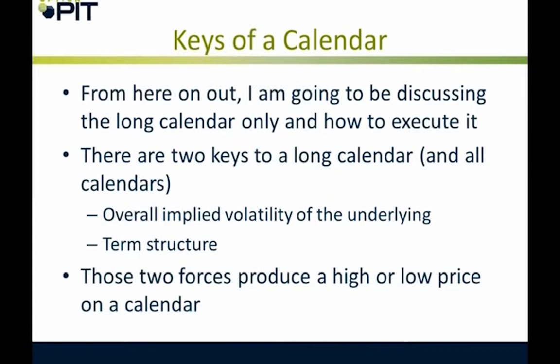All right. So I'm going to be discussing the long calendar only and how to execute it. There are two keys to a long calendar: overall volatility of the underlying and term structure. They're going to determine everything, whether you make money or not. Those two forces produce a high or a low price on a calendar. So if I'm buying a calendar, do I want a high price or a low price?